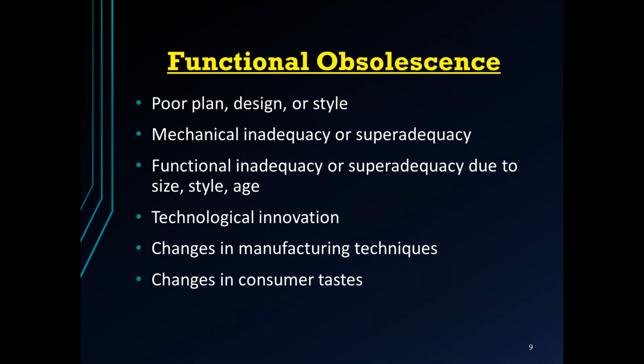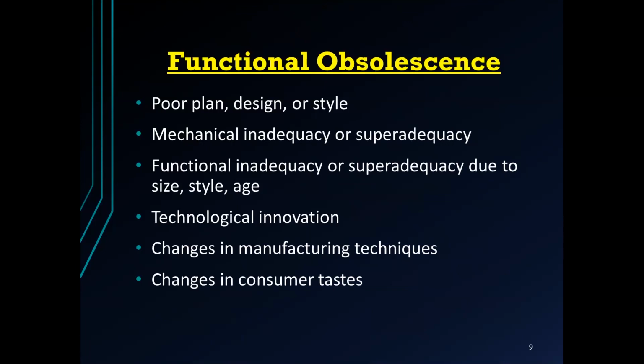And so the reason why sometimes that's confusing is that you think, well, functional obsolescence means there's something wrong with the property. And that's not always true. In the case of super adequacy, it's not that the machinery is necessarily deficient, it's that it's super adequate, meaning a rational market participant would not pay, and not to get into value in use and value in exchange, but just think of it conceptually, a rational market participant would not pay for a super adequate piece of property that is going to be used in the same function that it's currently being used in.